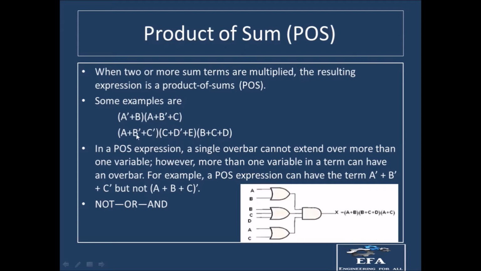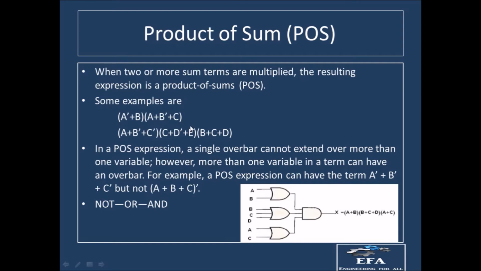We are having B bar, C bar, D bar. So we cannot have the complement on a complete term. C plus D bar plus E cannot have a complete complement over them. If that type of expression is there, then that cannot be a POS type of expression. This we need to understand.